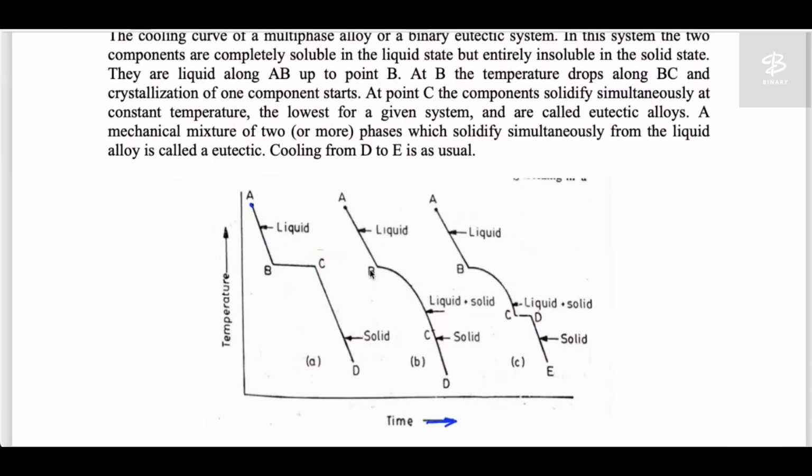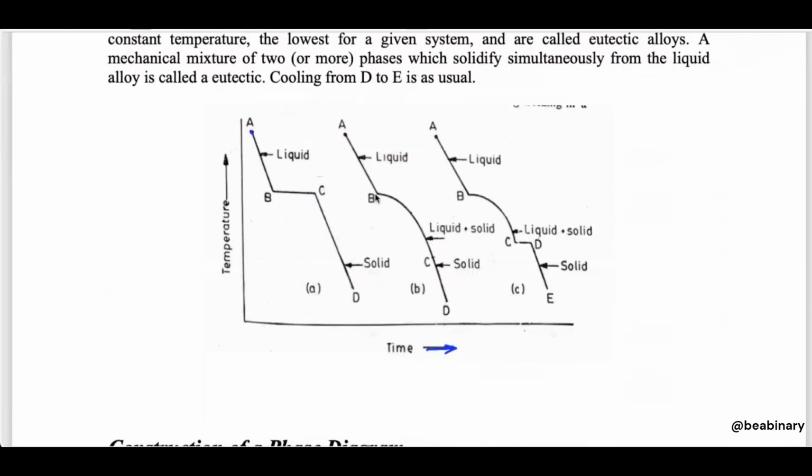You can see they are changing, but they are not linear. Why are they not linear? As you can see here, it is constant, at a constant temperature. But why are they not constant here? Because they are systems of two components.